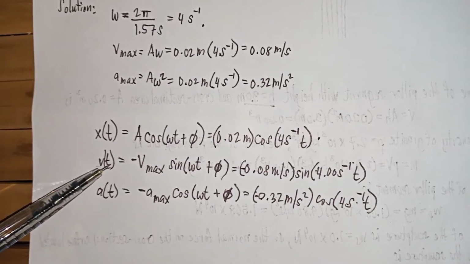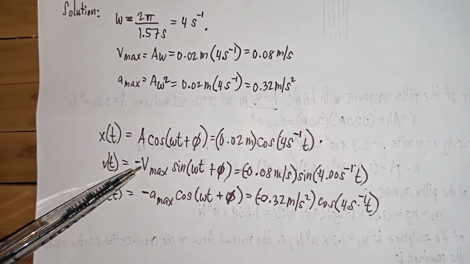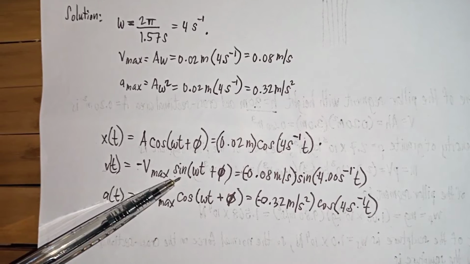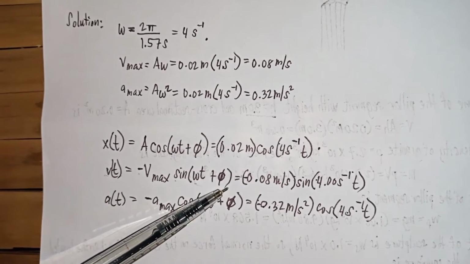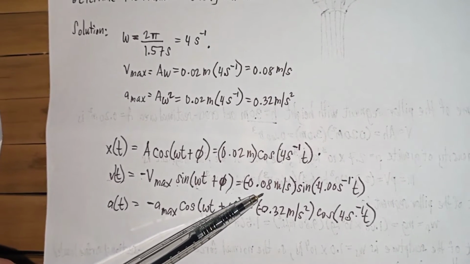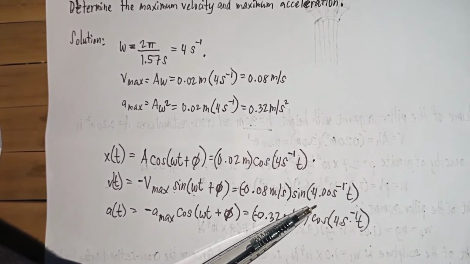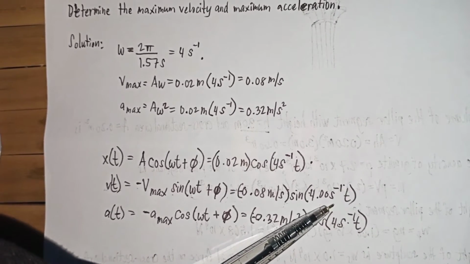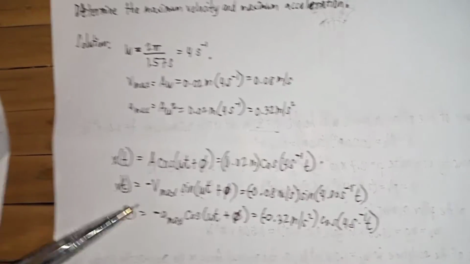The velocity as a function of time equals negative maximum velocity times sine of angular frequency times time plus phase shift equals negative 0.08 meters per second times sine of 4.00 s to the power of negative 1 times t.